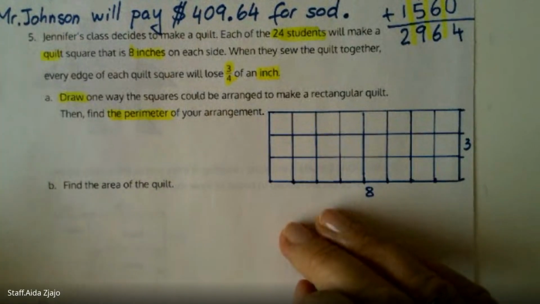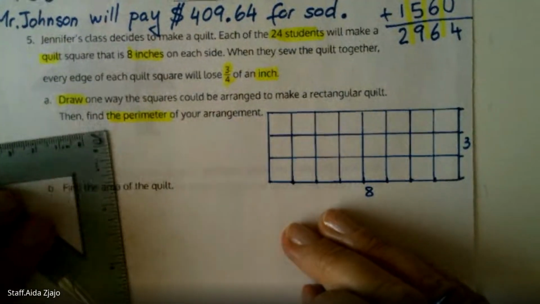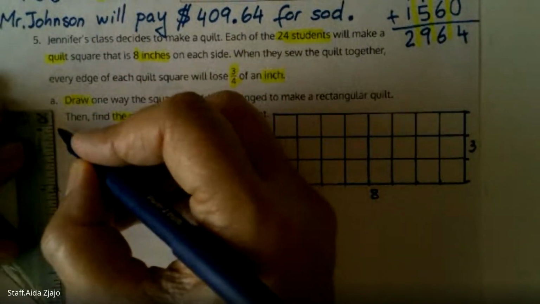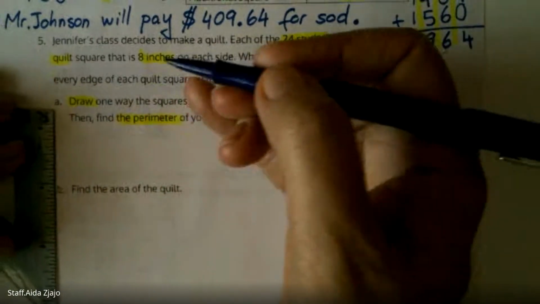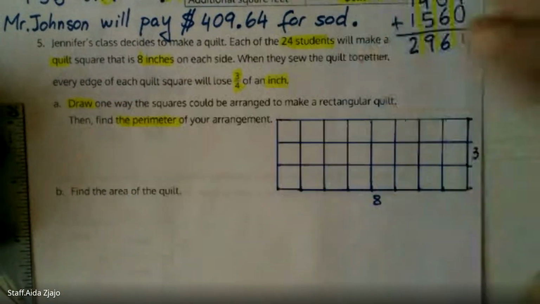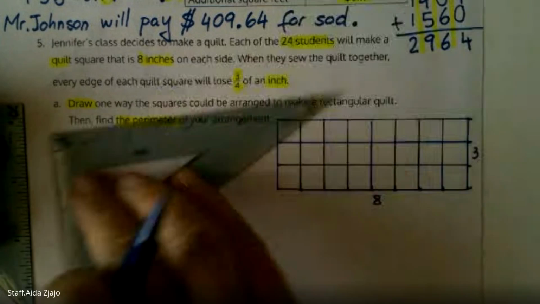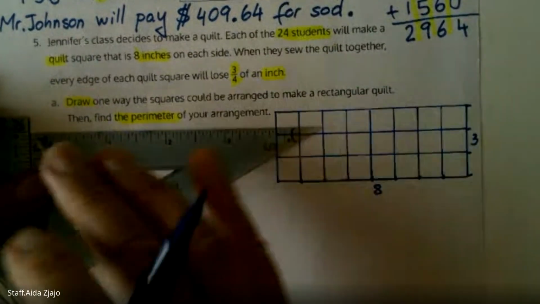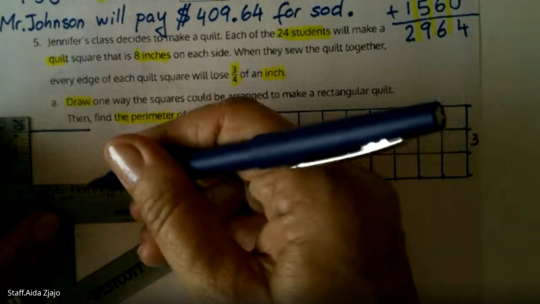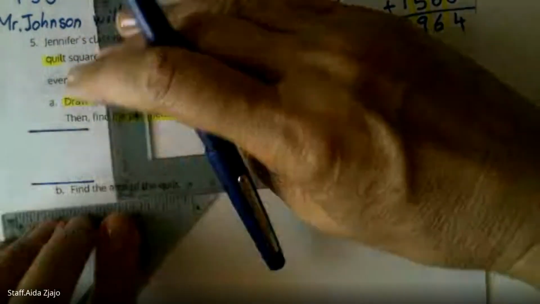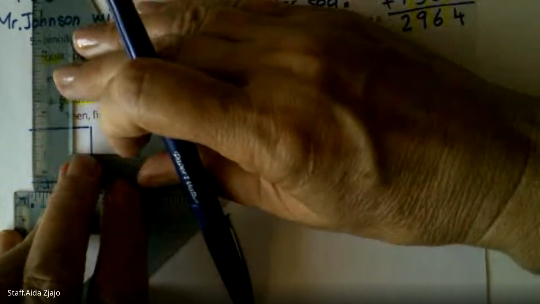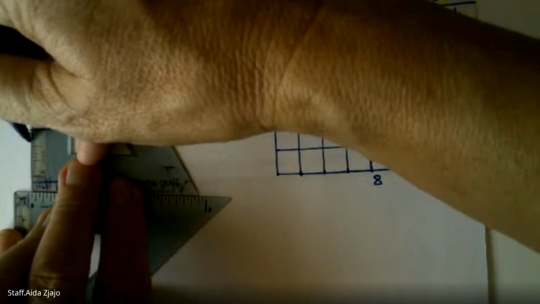So now, when you think about if they bring one square each, I'm going to create a bigger one so I'm going to show you. Hold on. So if I make this square, when they sew it, it will lose 3/4.